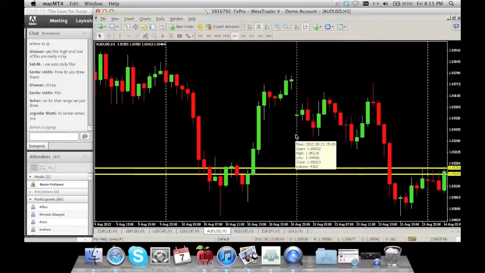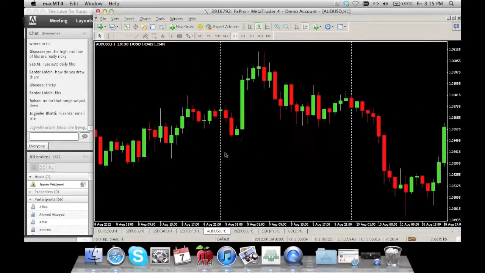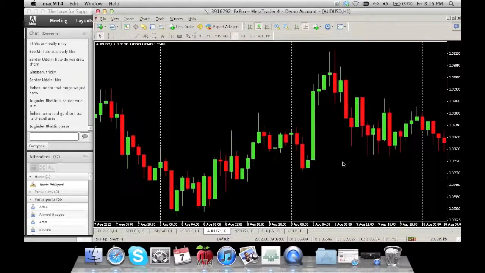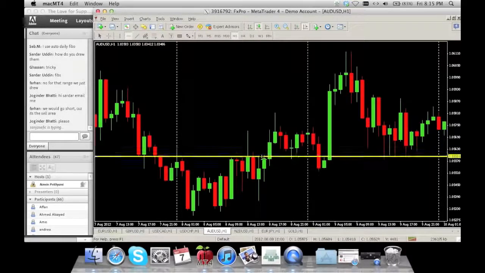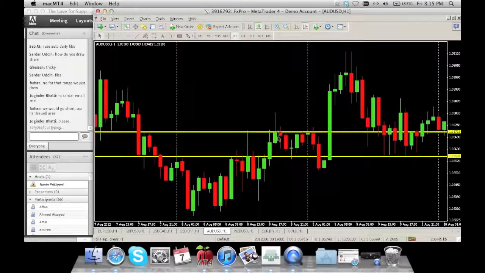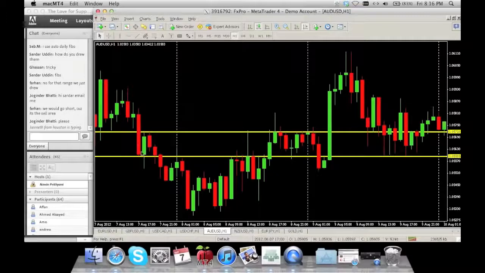You wanted to do one more range. One of you guys asked me to do the range one more time, so let's do it. We have some strength here, and the tail of this is also the resistance of this area. We got a range here. See how the market just bounces inside this area?